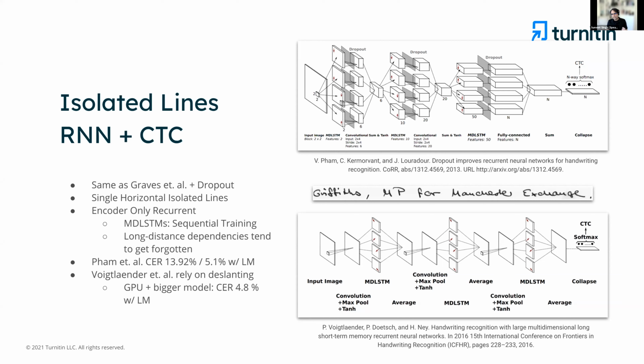Once you have that, if there are certain words that don't fit, you can guess the nearest word that might have been in the real text. So that's a language model.